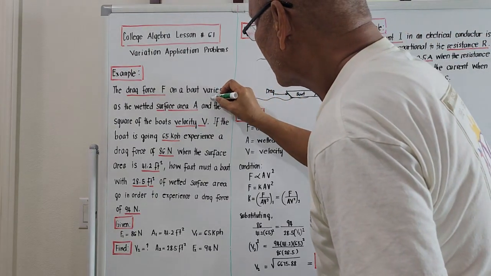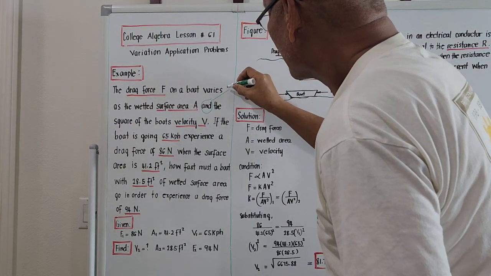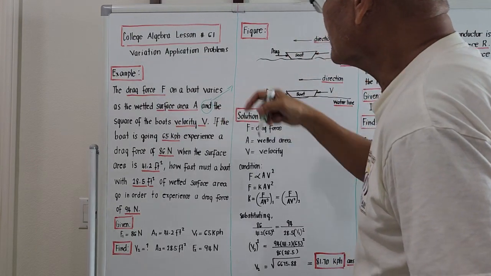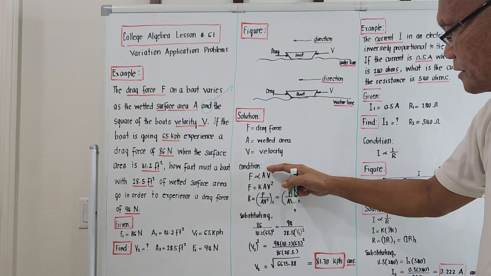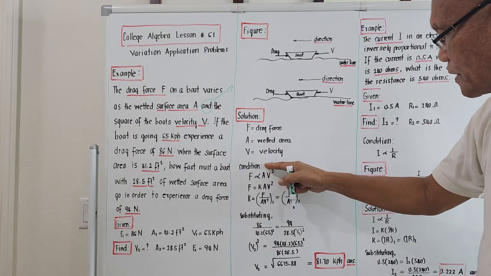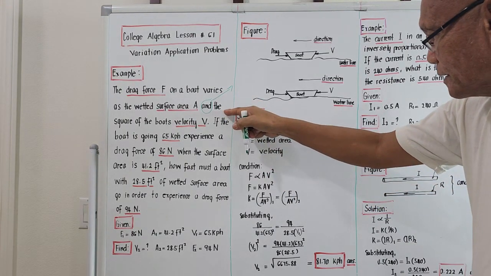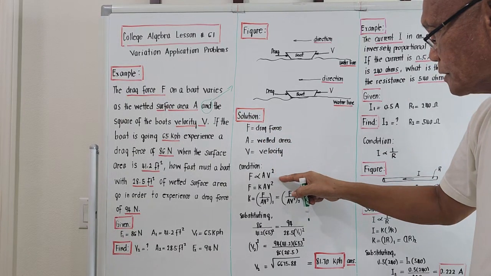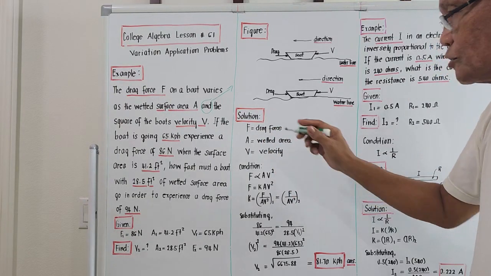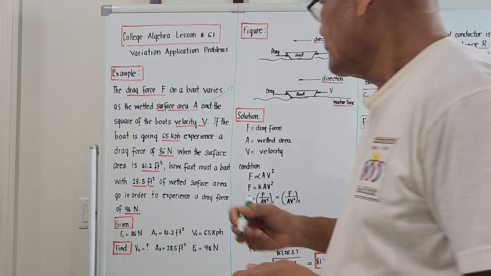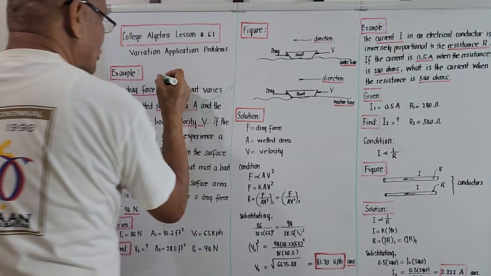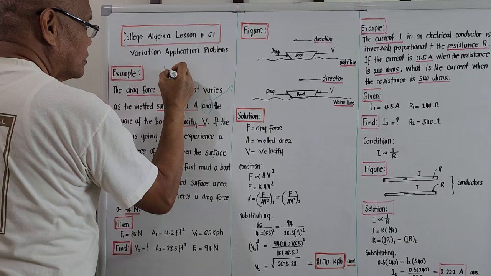There is a connective word over here, "and." The drag force F varies as the weighted surface area and the square of the velocity. So this should fall under the so-called joint variation.